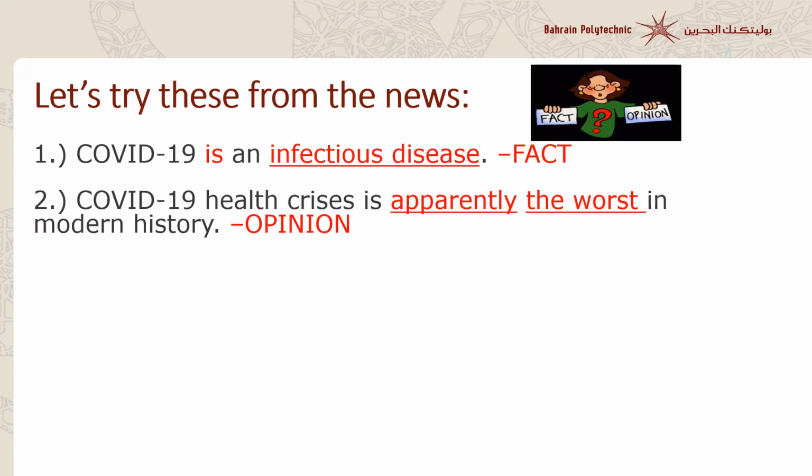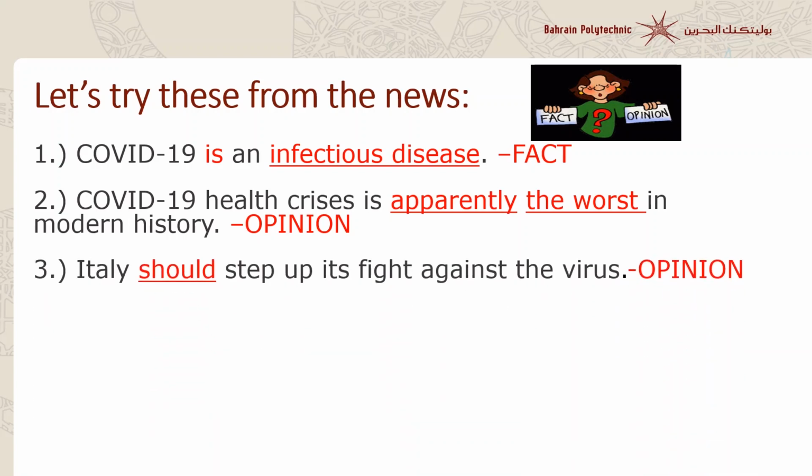They are biased words, as we have discussed earlier, that make the statement an opinionated statement. Statement number three is again an opinionated statement because of the biased word should, okay, which suggests a mere recommendation or suggestion.